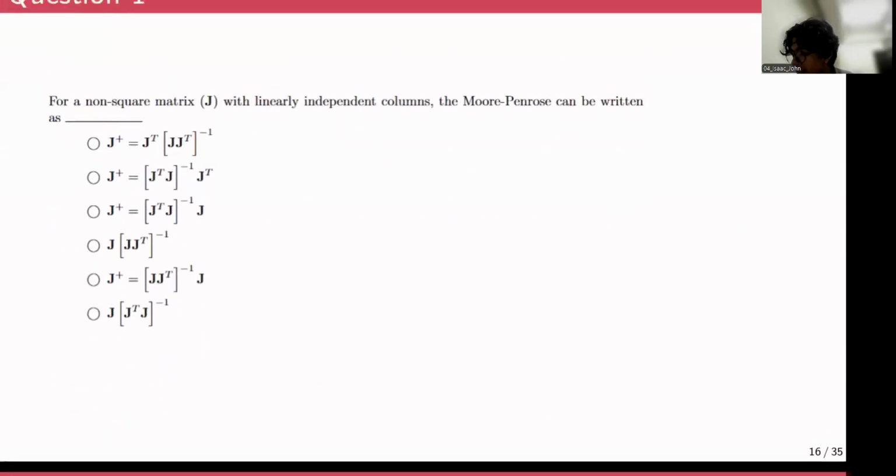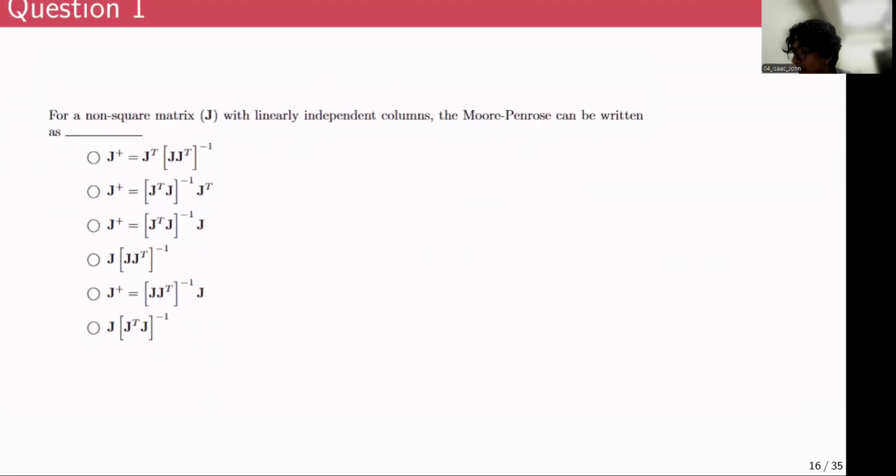So the first question is, for a non-square matrix with linearly independent columns, the Moore-Penrose inverse can be written as. So it says linearly independent columns. So that means more rows than columns.